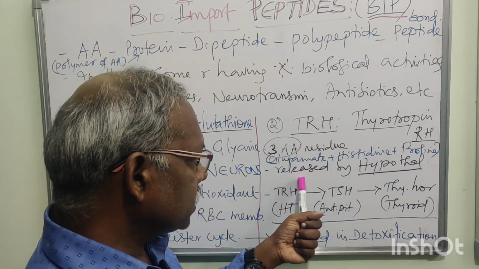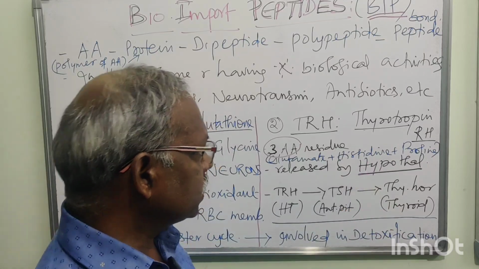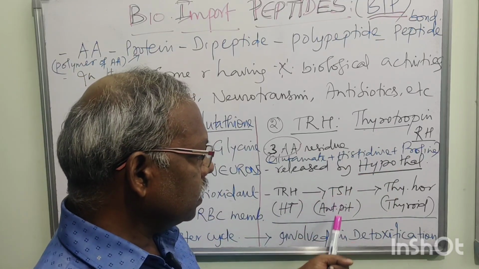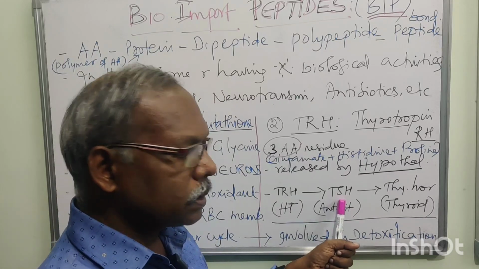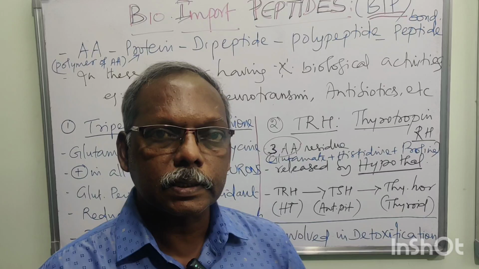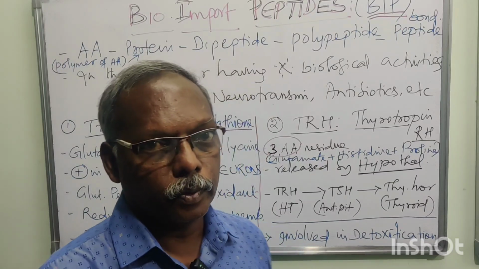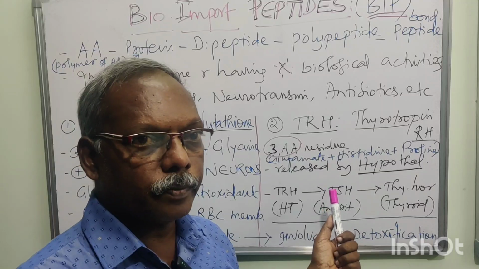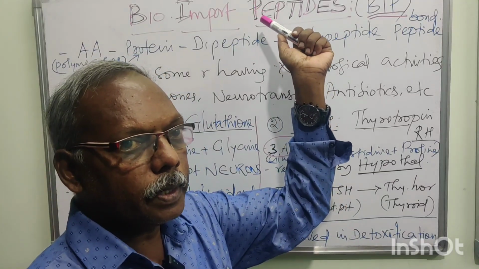In that axis, TRH acts on the anterior pituitary and produces thyroid stimulating hormone, which acts on the thyroid gland and releases thyroid hormones T3 and T4. So TRH is another important biologically important tripeptide.